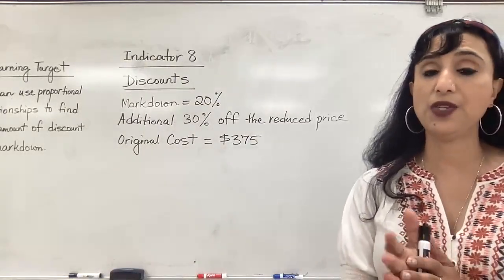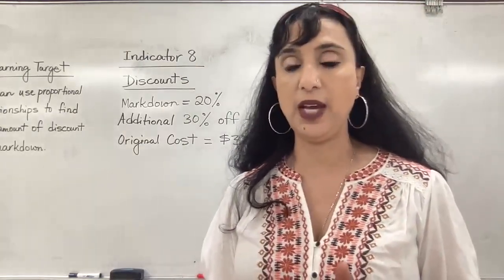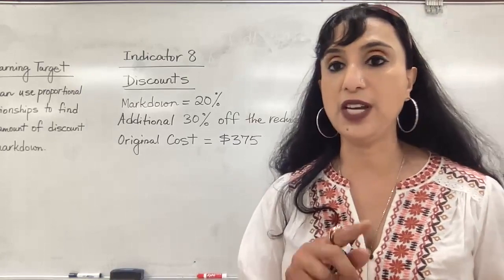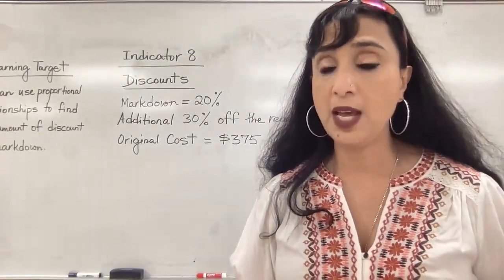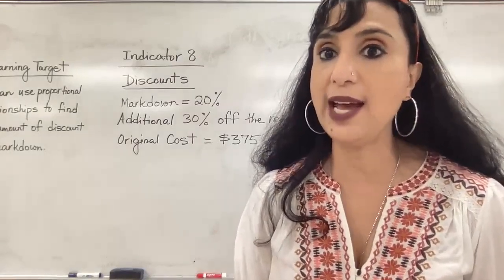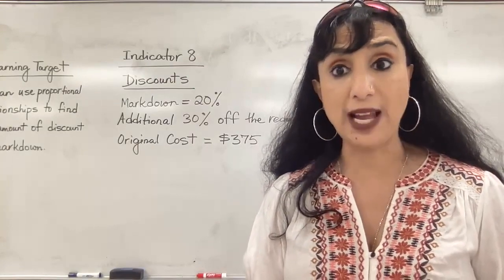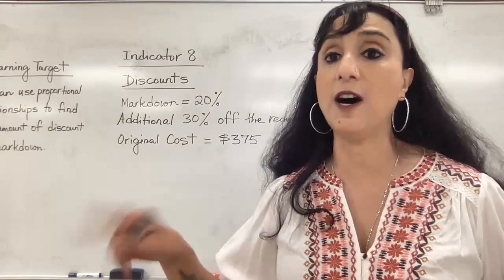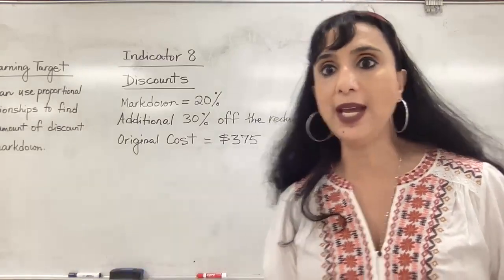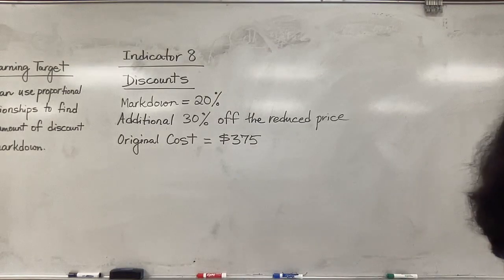Now, first and foremost, you need to remember that there are two different steps involved in this. First you would do the 20% off the original, and then whatever answer you get, you're going to subtract from the original value of the item. You are then going to take another 30% off that item. So let's do this, and I'm going to show you the two steps.